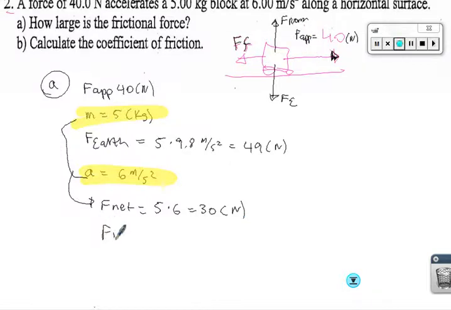So F net equals the sum of all forces, which is 30 newtons, which equals force applied plus force of friction.